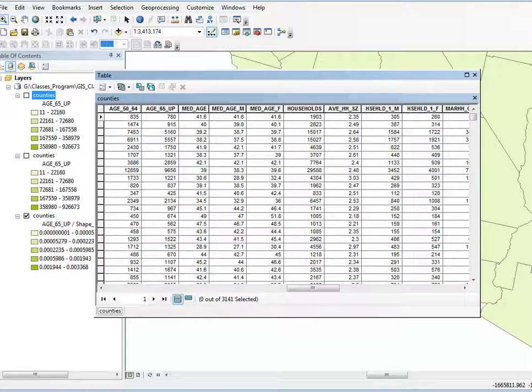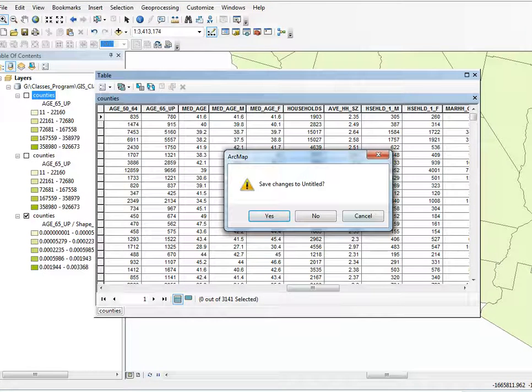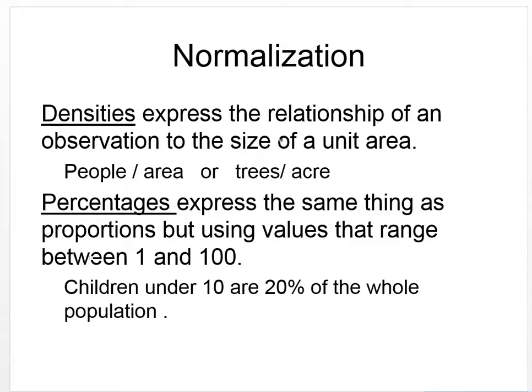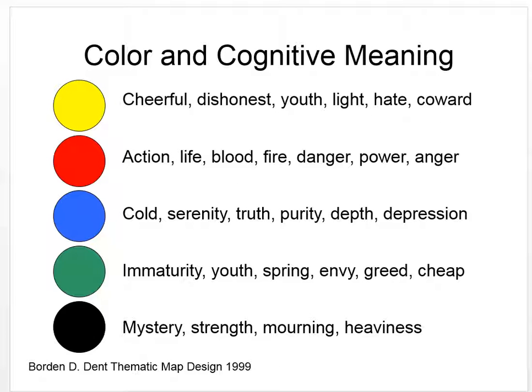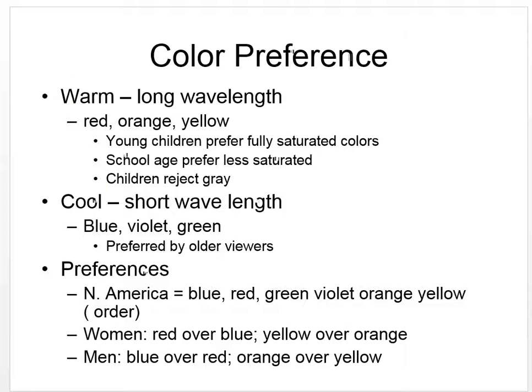And then the last piece I wanted to talk about is color, and this idea of using color that has meaning. There's a lot of science around color. I like that they completely, I mean, this is cheerful and coward, and so depending on what you want to map, different colors have a lot of value.